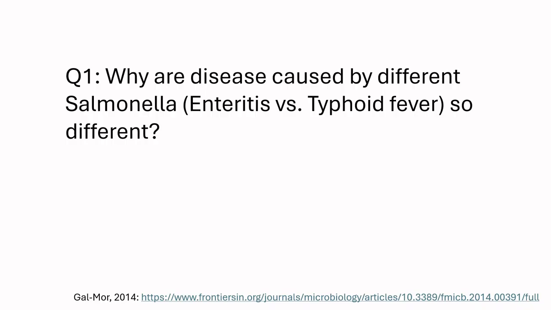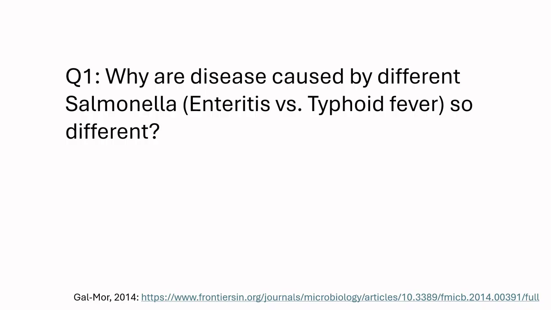In the very beginning, in the motivating question, we talked about these surface factors: O and H antigen and the capsule. In Salmonella, the capsule antigen is called the Vi capsule, for virulence capsule. And very interestingly, this is only found in the typhoid strains. So it seems likely that these different modes of pathogenicity have something to do with this Vi capsule. That seems to be an important factor.